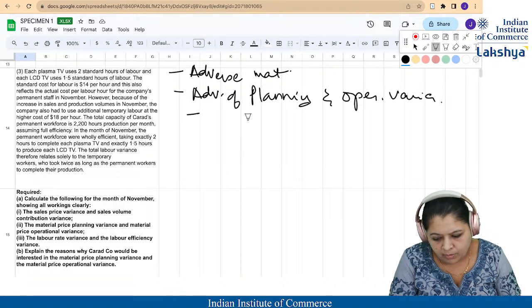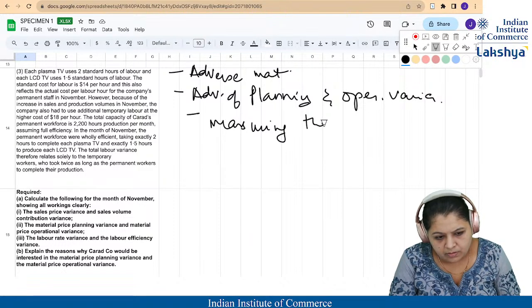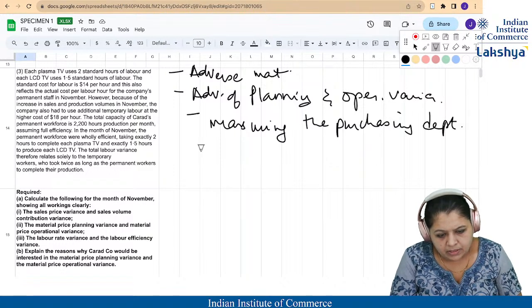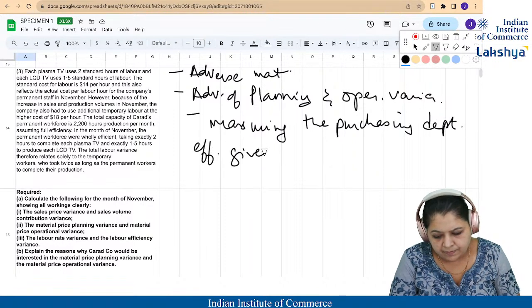You can talk about measuring the purchasing department efficiency given the market condition, right? The market is something which is not favorable for this time period, right?